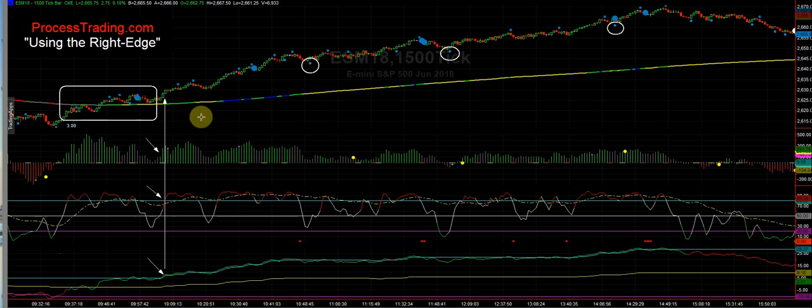So we're looking for a trend to take place, and now we are contemplating that price is going to trend to the upside because of the support we've seen in the prior indications.